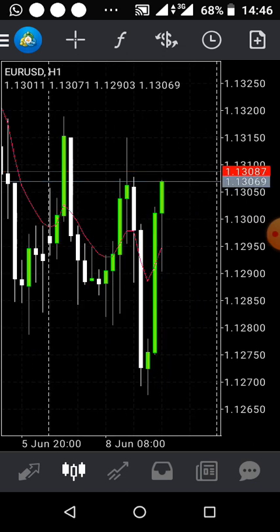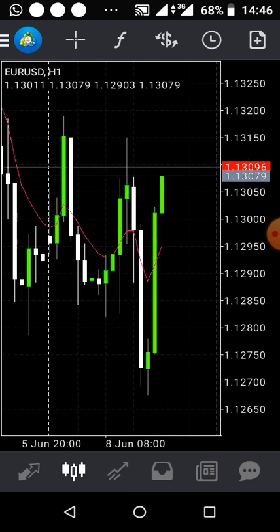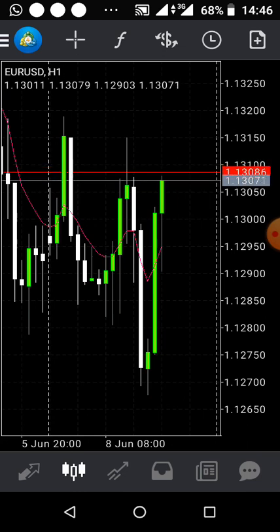So every candle you see here in this chart took 1 hour to open and close. Just like the one that is running currently, it opened at 2 o'clock on the dot, and by 3 o'clock it will close just like the previous ones, and the new candle will start.